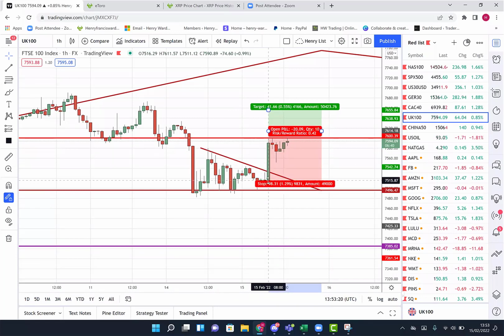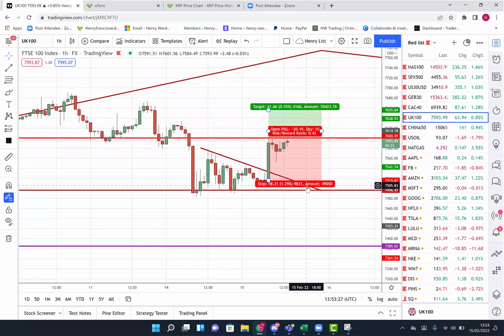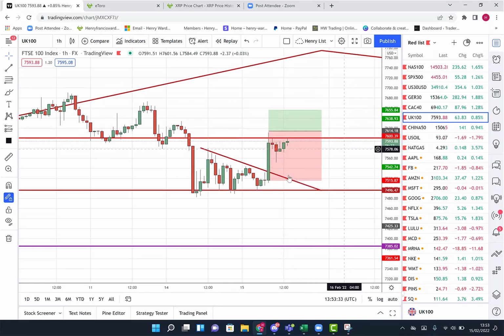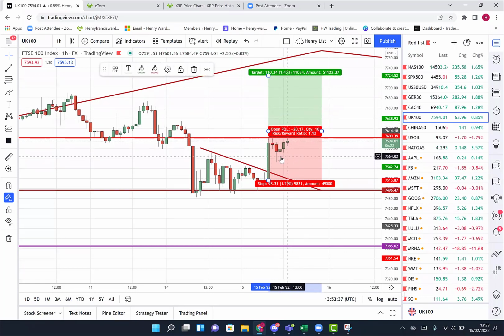Now in this particular scenario, that is a huge bar. So sometimes these breakout bars are too big, you can't use them, and sometimes they're nice and small. So in this scenario, you wouldn't be looking to use that as a trade.